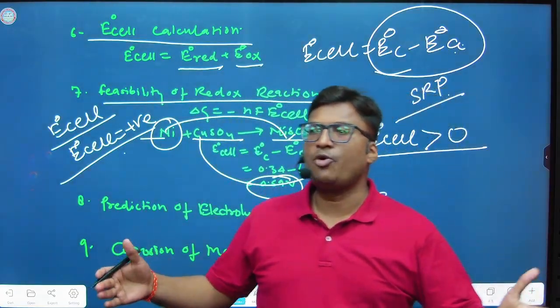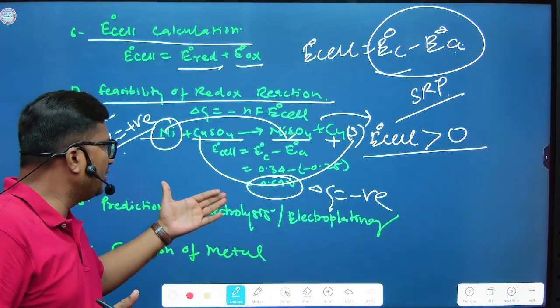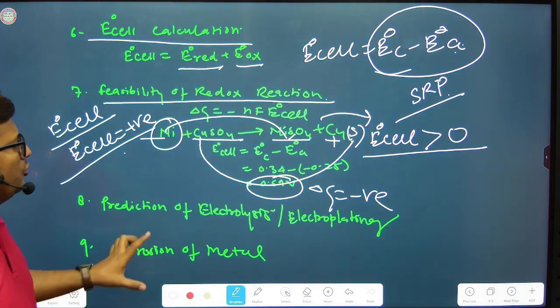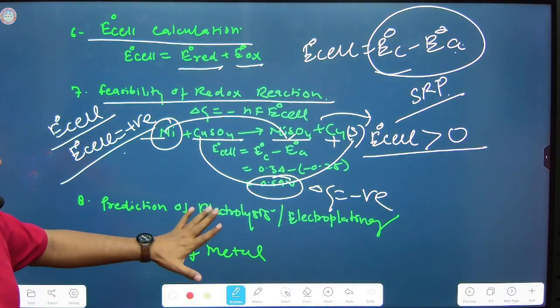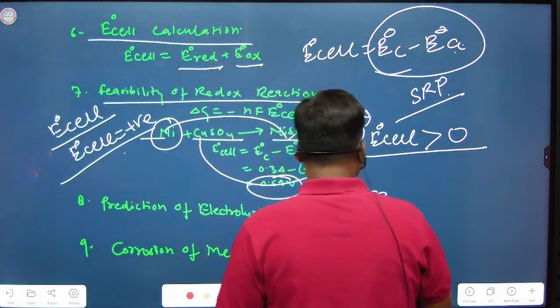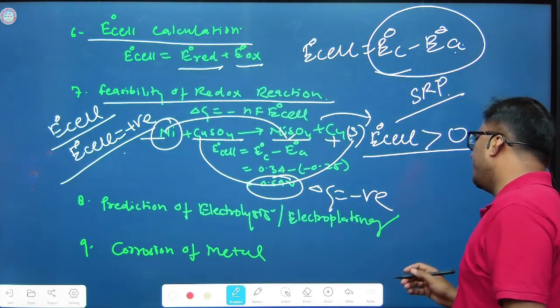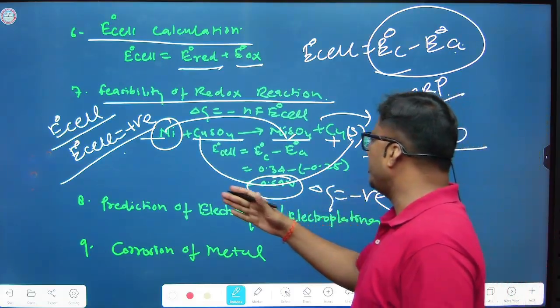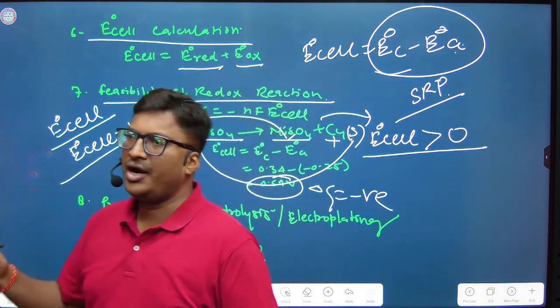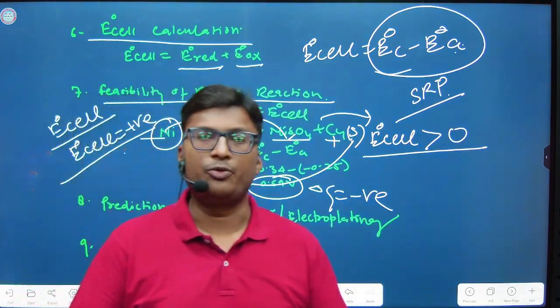Such cell reactions can be constructed to get a negative Gibbs free energy change, and the negative value of Gibbs free energy change indicates the reactions are thermodynamically favorable and can proceed in the forward direction, with high chances of formation of the products.